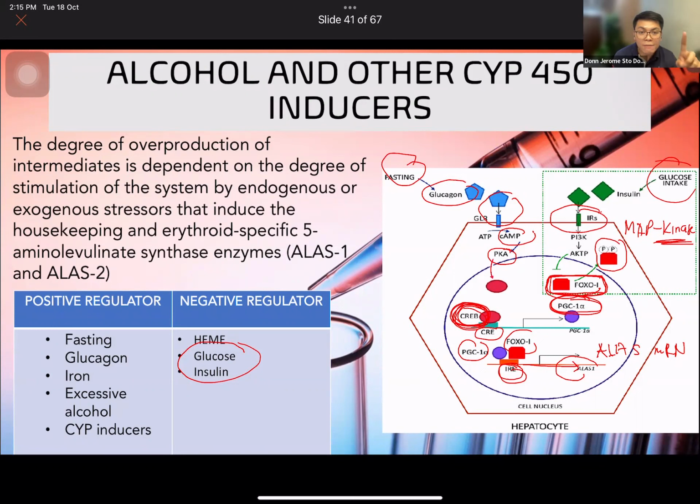The phosphorylated form of FOXO1 is the inactive form. If it's inactivated, will there still be FOXO1 that can combine with PGC1 alpha to transcribe your ALAS mRNA? None. So FOXO1 will be absent. So in that sense, glucose intake and insulin can inhibit the synthesis of ALAS.